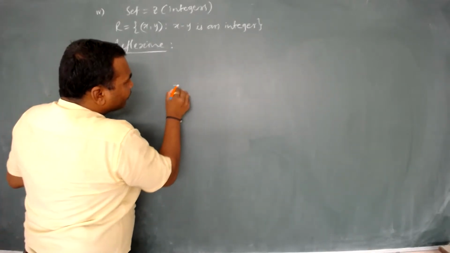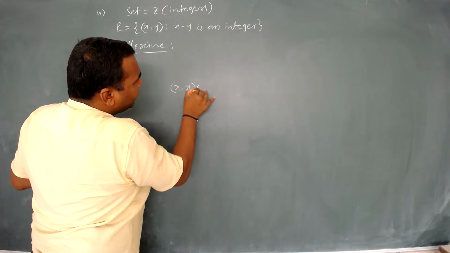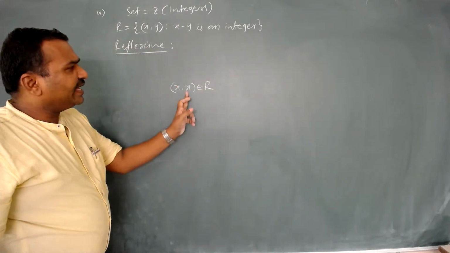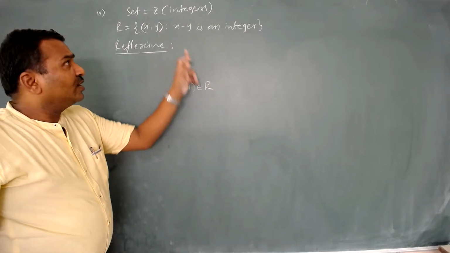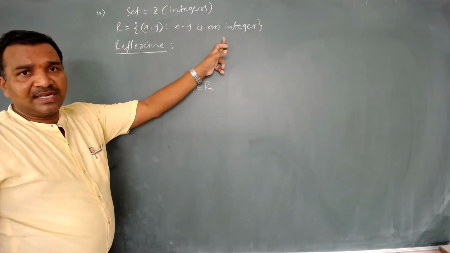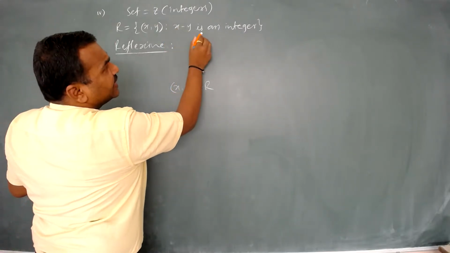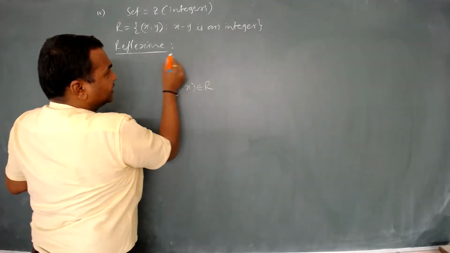What we have to prove? X comma x belongs to R. Is it possible or not? When we take x comma x, if it satisfies this condition, put y equal to x. What will happen? X minus x is an integer. Yes, correct.